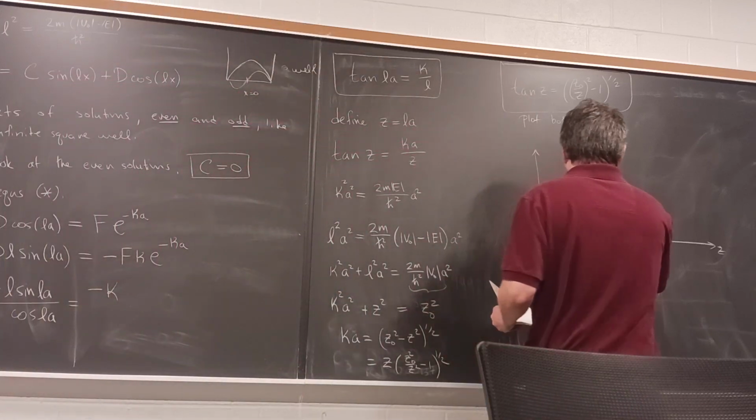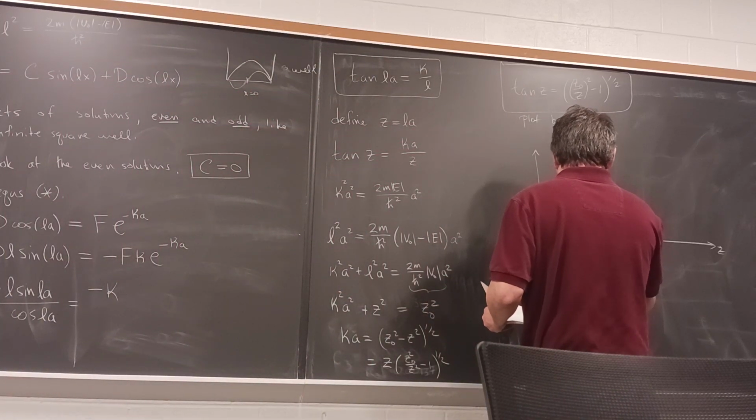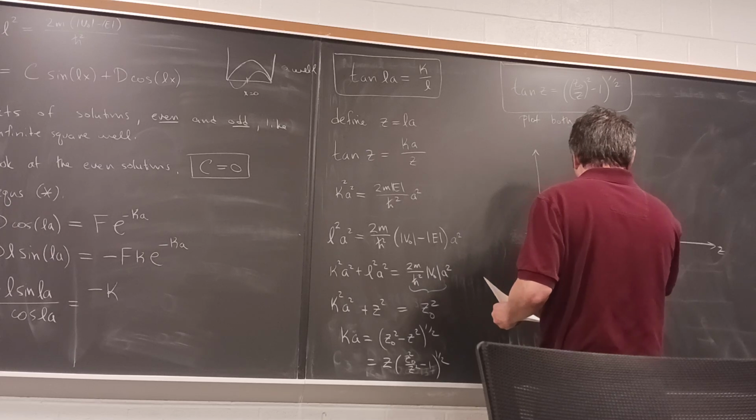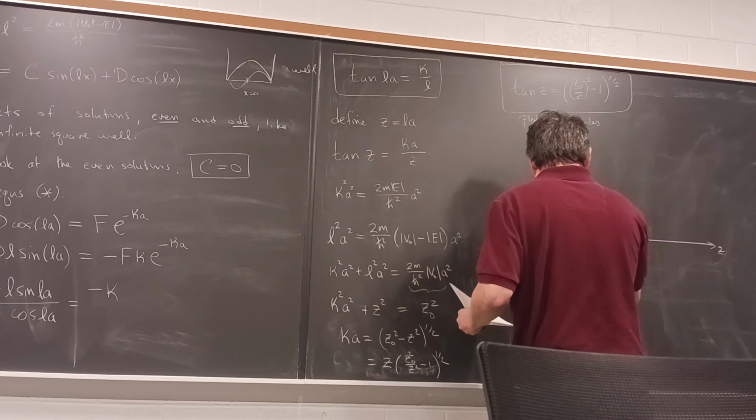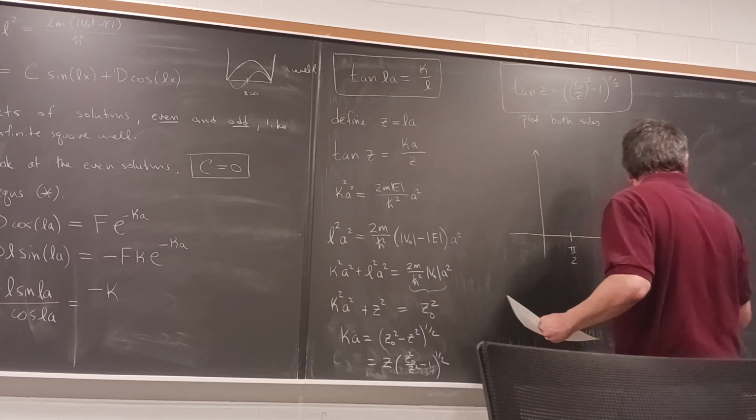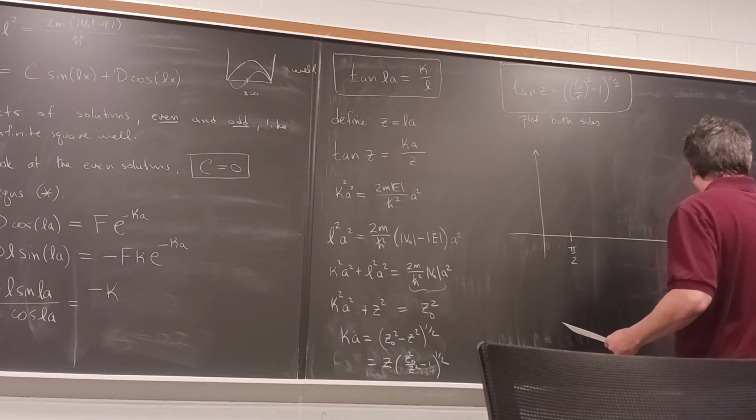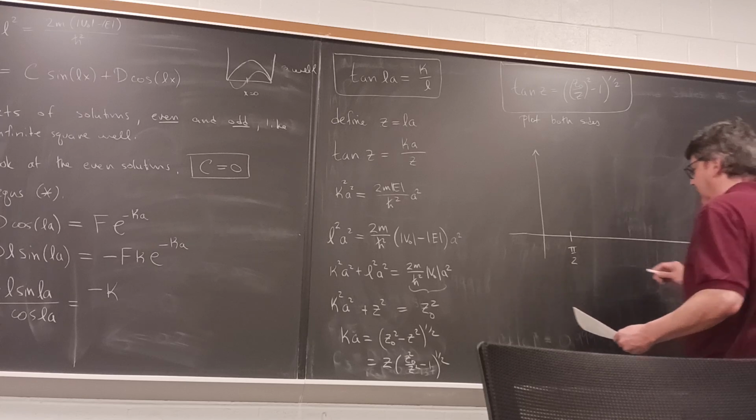I'm trying to remember what it looks like. So we've got pi over 2, let's see, that's pi over 2. I want to draw this correctly so it looks right.